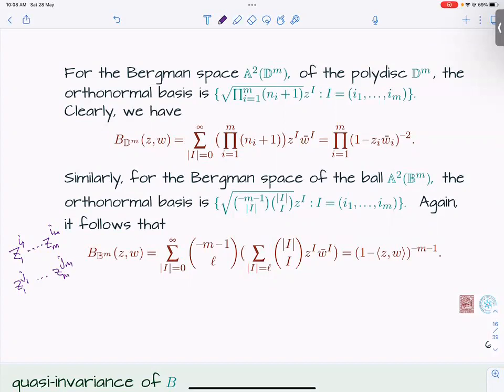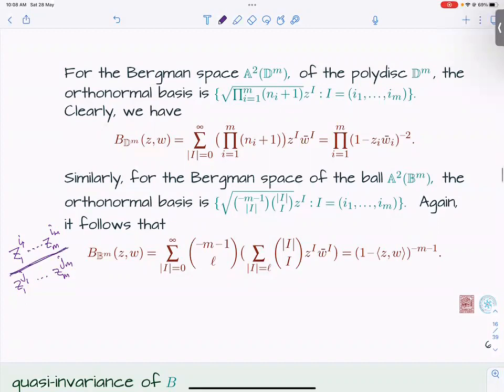So these two monomials are orthogonal. All that remains for you to do is to find out what's going to be the norm of such a monomial.